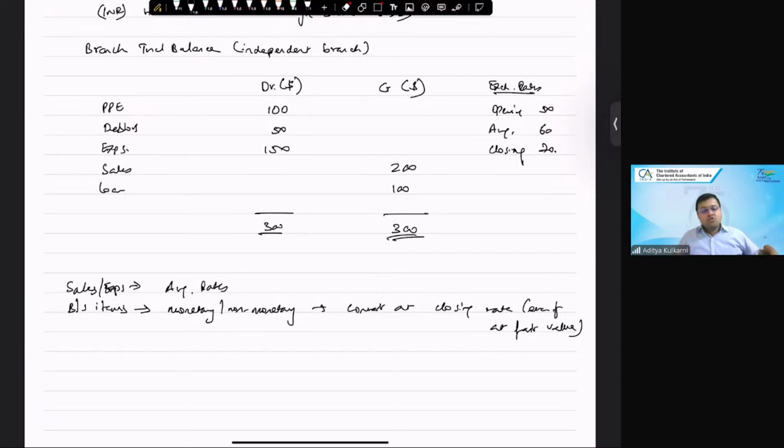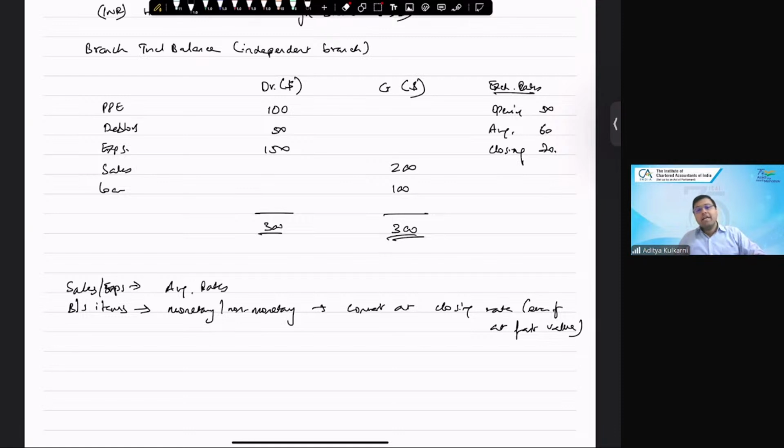So, as a head office, when are you actually going to get money from the branch? At the reporting date? You decide to shut the branch. हाँ, बेच देंगे तभी मिलेगा. जब बेच दोगे तभी पैसा मिलेगा. When you are selling it, only at that point of time you are going to get the money from that branch.